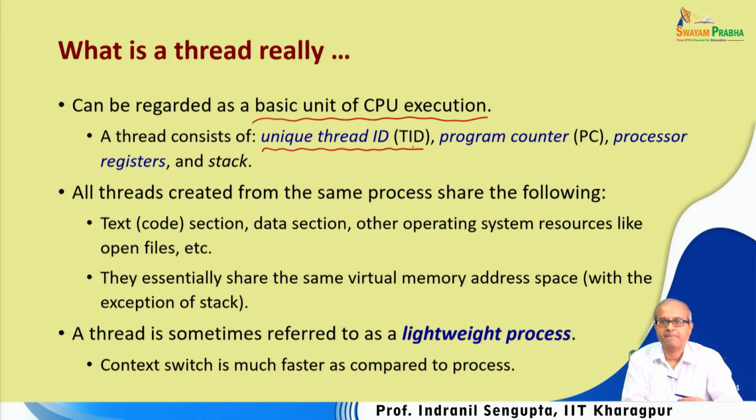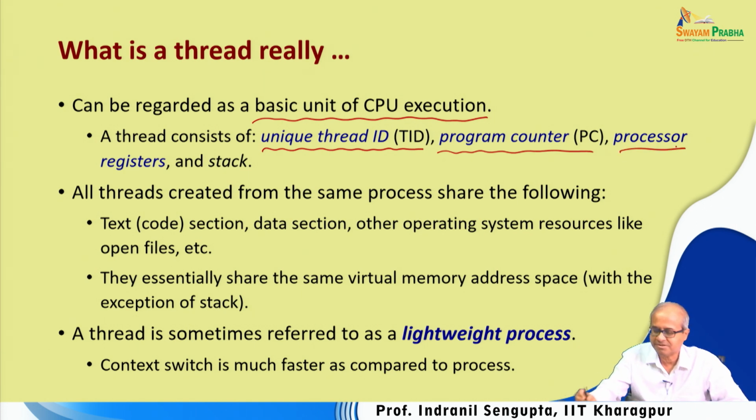Because every thread is a different thread of control, there will be multiple program counter values. Maybe one thread is executing this point in the program, another thread will be executing this point, another thread will be executing another point. So, the PC values will be different, and each thread will contain a program counter value.